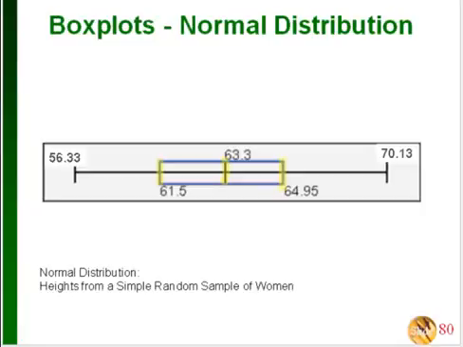So that would be our minimum value, and our maximum value would be 70.13. So this whisker would go all the way up to there. And because the box is pretty even and it's pretty much in the middle between the maximum and the minimum, this data set would have approximately a normal distribution.